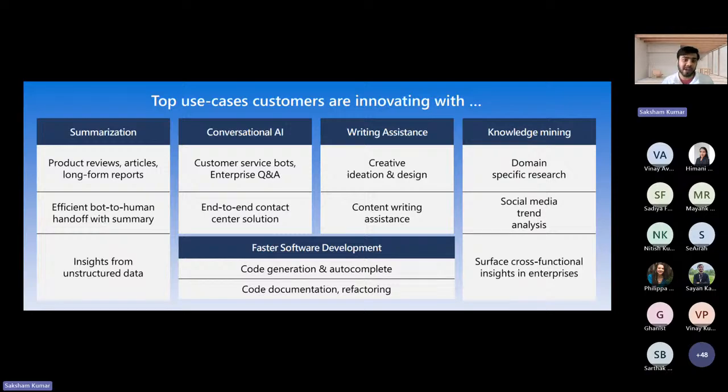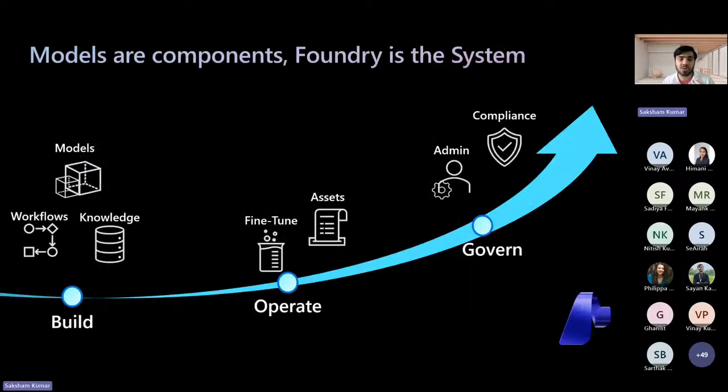We have social media trend analysis, and cross-functional insights in enterprises, like how the businesses are performing and what they can do better. That's knowledge mining for you. So models are now interchangeable components. The real value is the system that runs them safely at scale. That is Microsoft AI Foundry.